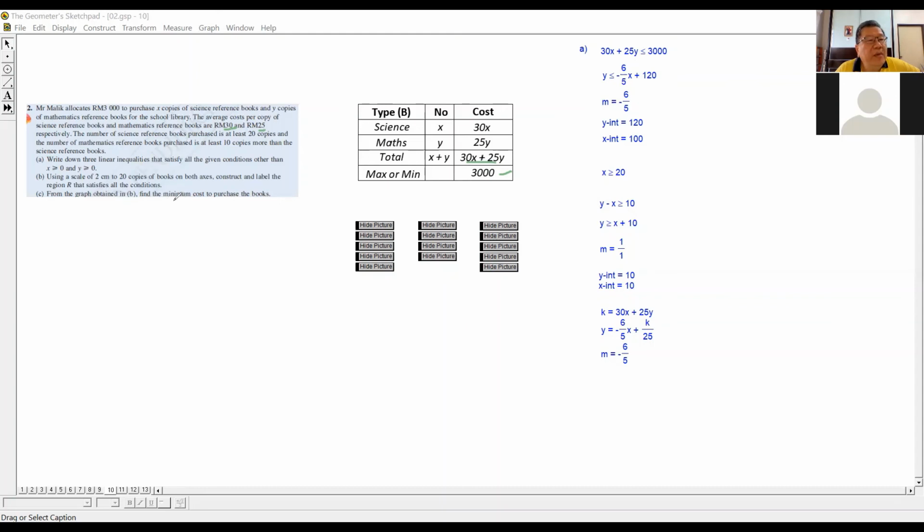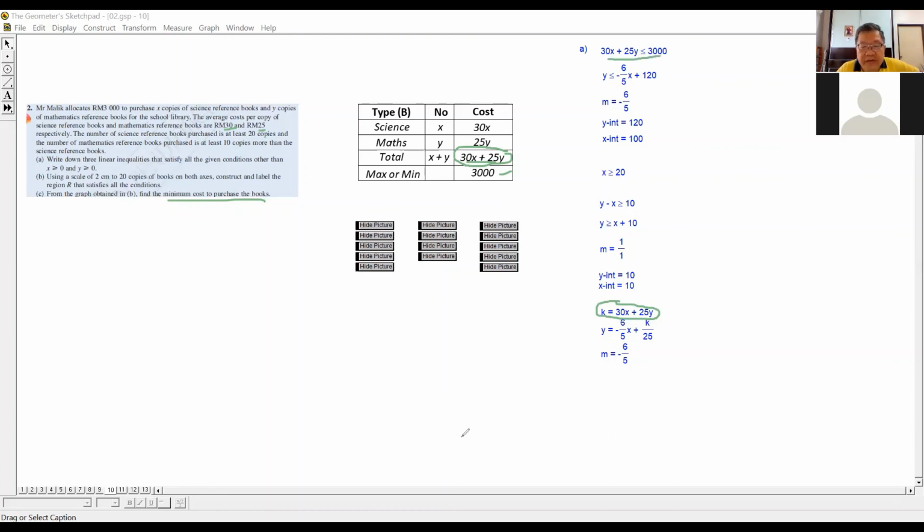Right? Then now, what should we say? Obtain the minimum cost to purchase the book. Minimum cost. So the cost is actually this one. So we want to minimize this. This is our objective function. Now the objective function happens to be the same as our constraint.